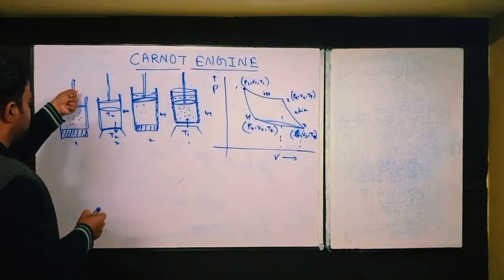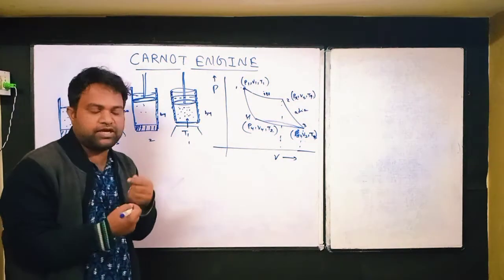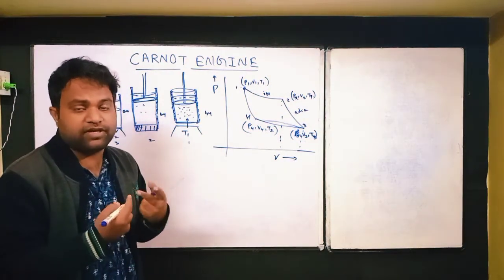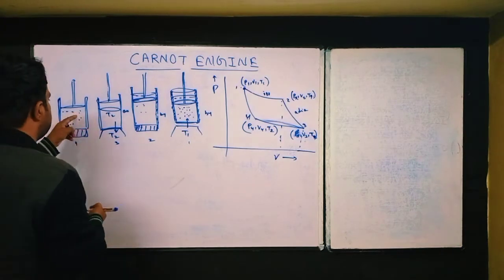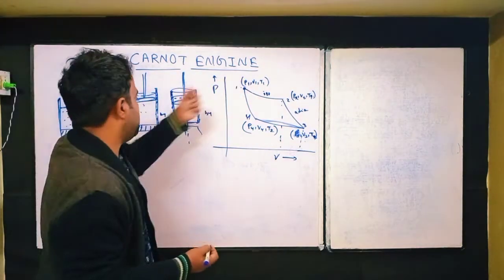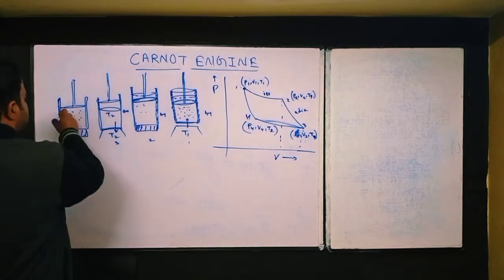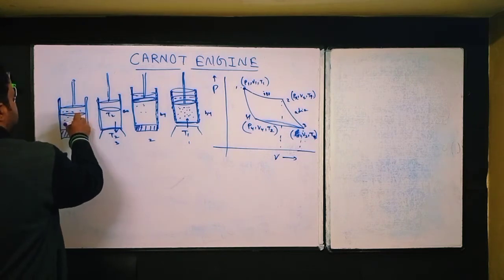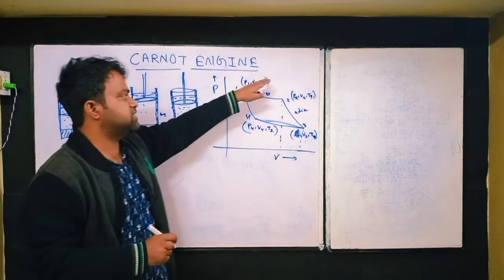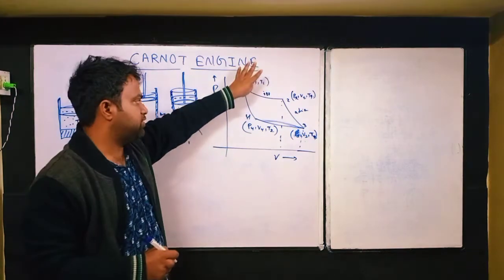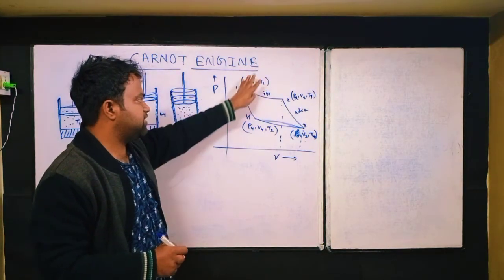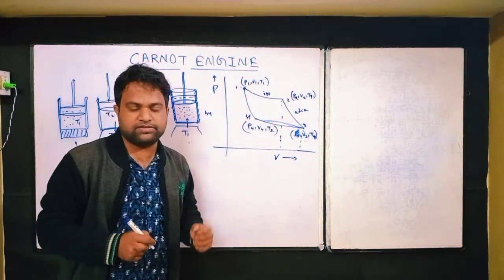So whenever I compress, the temperature will increase. So temperature will increase up to T1. I'll keep on compressing it till it attains the initial temperature T1, right? So this is my reversible cycle.